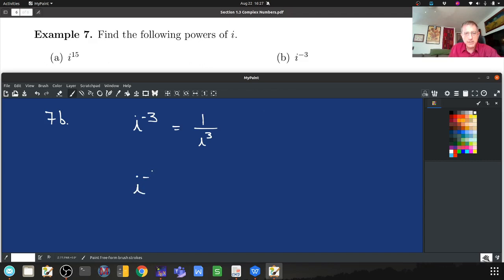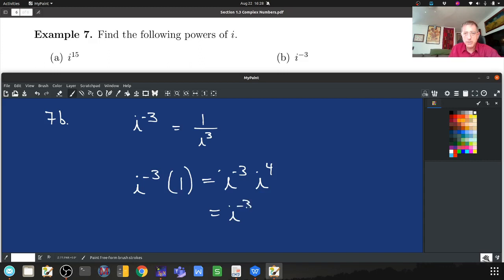i to the minus 3 times 1 is identically i to the minus 3. But what happens if I write 1 as i to the 4th? Now I can just use the addition of exponents rule.